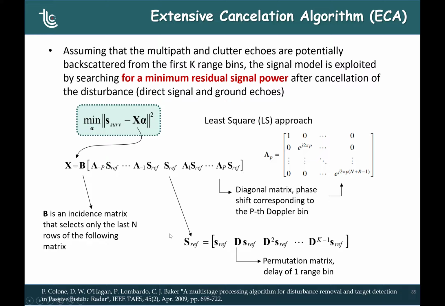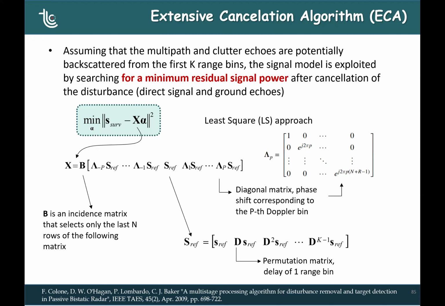So we are subtracting from the surveillance signal delayed copies of the signal, and we introduce some Doppler shift that is quite small. So we are just subtracting the components of the clutter with a very small Doppler frequency.